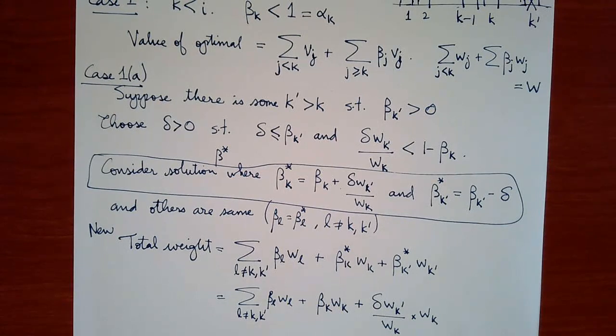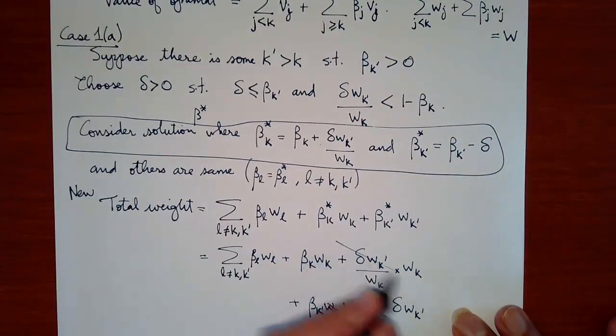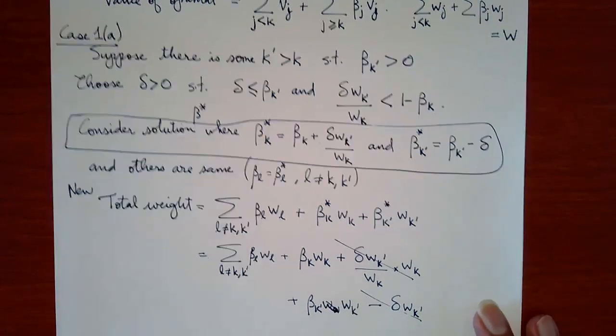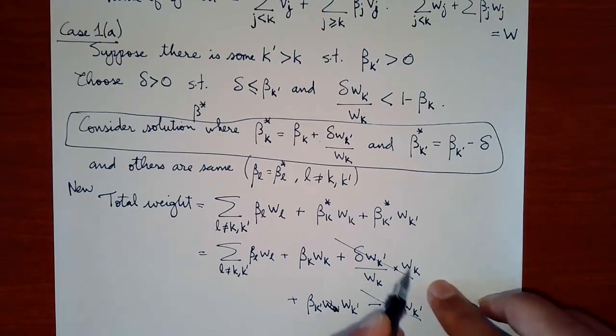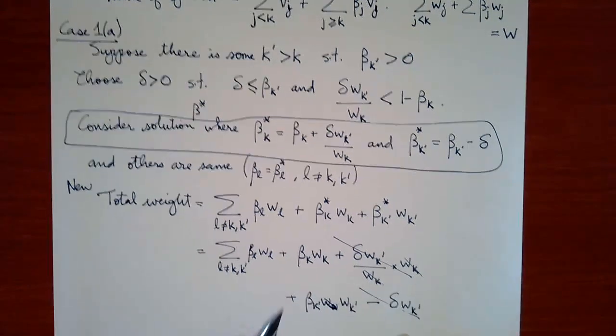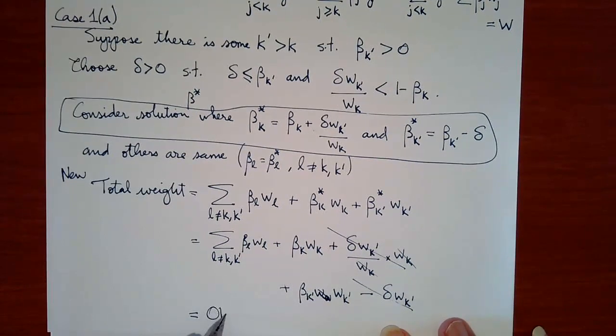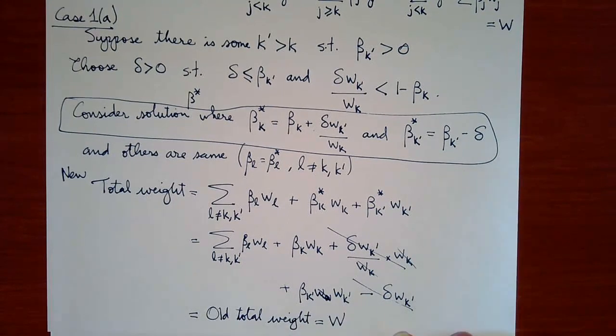Observe that this and this are just the same, right? Because the w_k is going to cancel out with this w_k. So these things are the same, and hence this is exactly the old total weight, which is again equal to W. Okay, so it's the same thing. Now let's look at the new objective value.